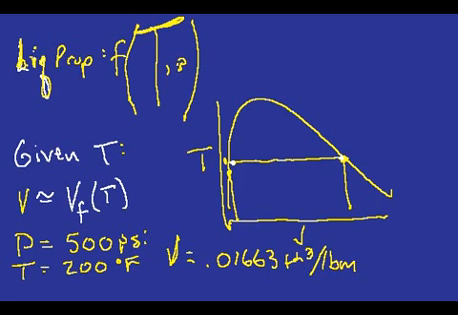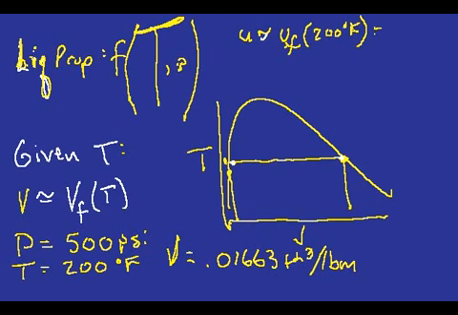Now for that same condition, what would be the internal energy of the water? So you'd say U is approximately equal to UF at 200 degrees Fahrenheit, and neglect the effect of pressure.